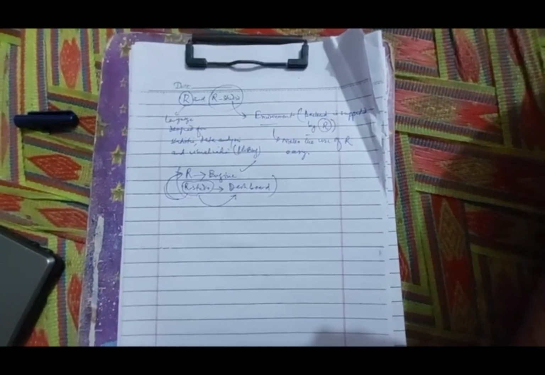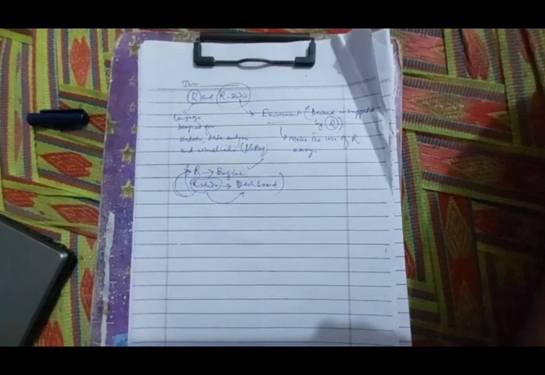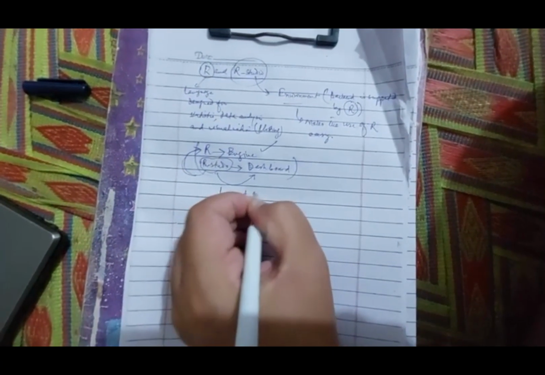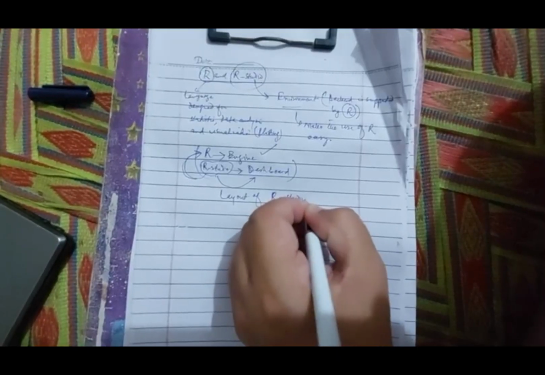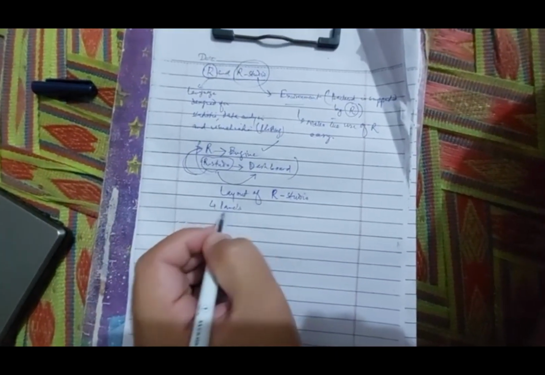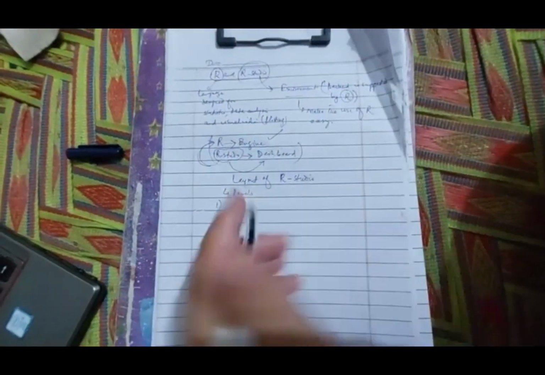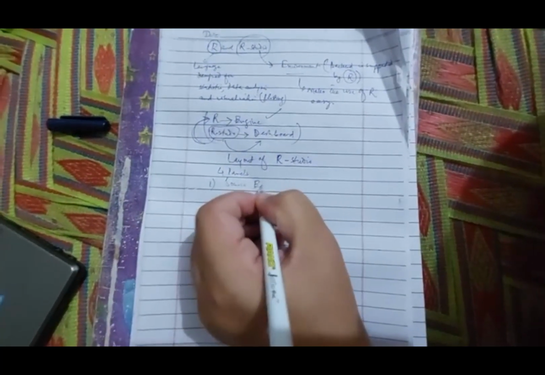Now, RStudio has four panels in its layout. Number one is the source editor.